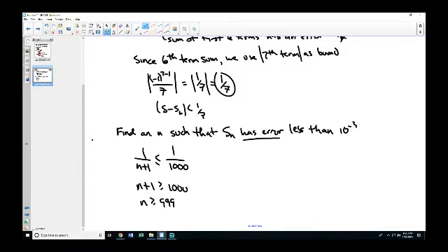The error, the next term, has to be less than this error bound. So if you have 999 terms or more in your series, you have an accuracy of less than 1/1,000. And you'll set that next term less than or equal to your error bound.